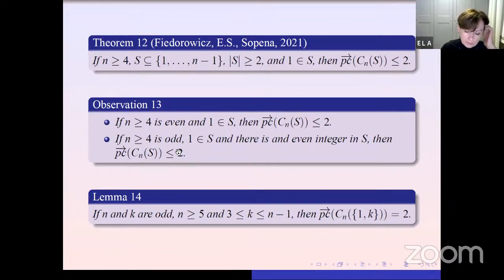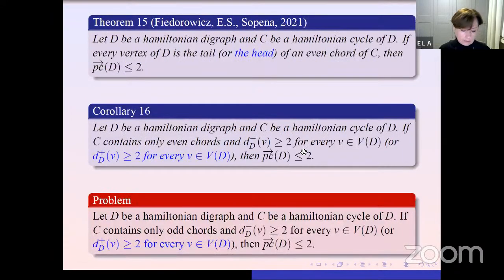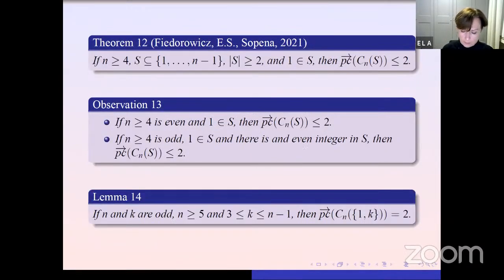Next, we can observe that if we have an odd number of vertices and still one is in S, this means our digraph is Hamiltonian. And if the set S contains an even integer, then this result will follow.